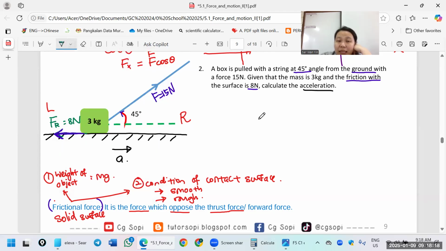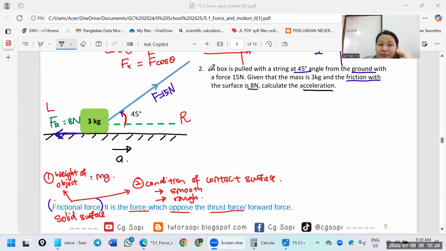Okay, Jianwei, how to resolve the force? Hi, Weiji, you came in, great. Jianwei, how to resolve the force? Still remember?